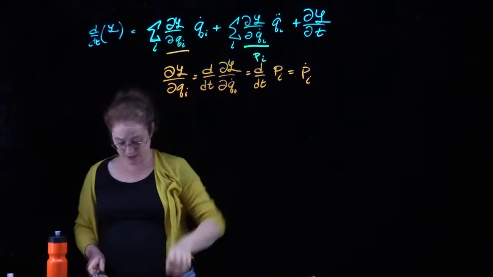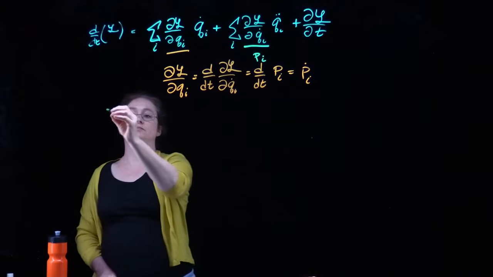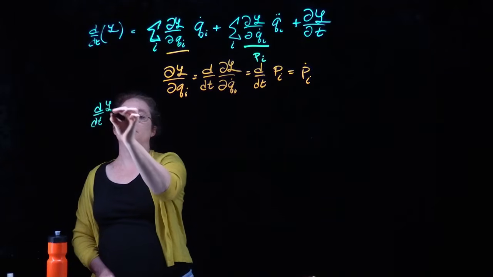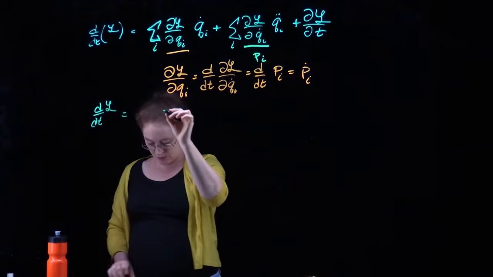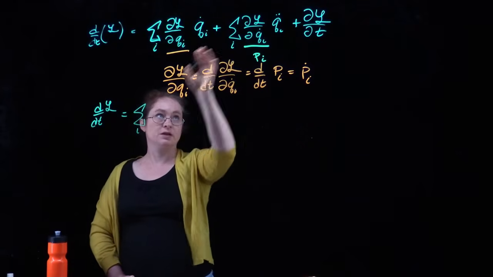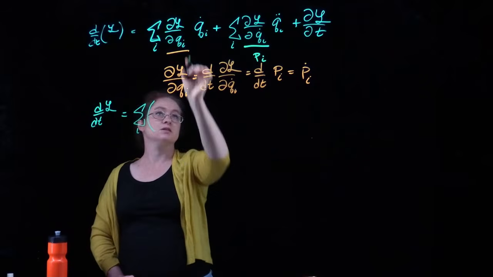So we can rewrite this as d dt of the Lagrangian is equal to the sum over all generalized variables. I'm going to move the sum here and put a large parentheses here.